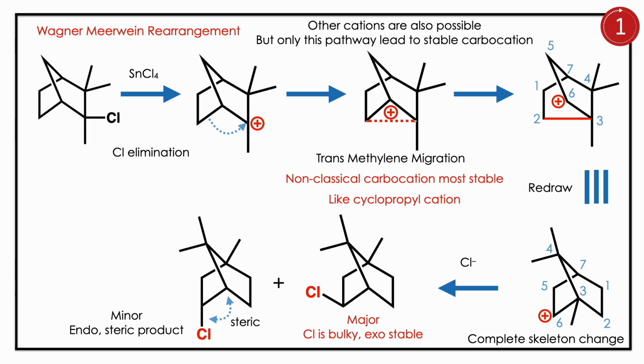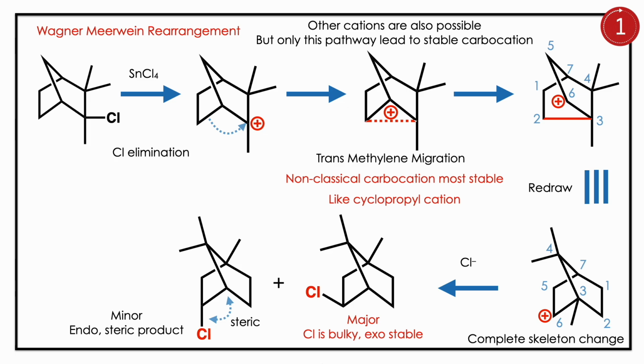You have the cation formation. So the cation leads to the most stable cation through methylene group migration, a non-classical carbocation, which leads to the cation in the ring there. You should redraw the molecule with the bridged carbon. If you redraw it, the cation is near the side chain ring, then chlorine attacks, and you have the final product.